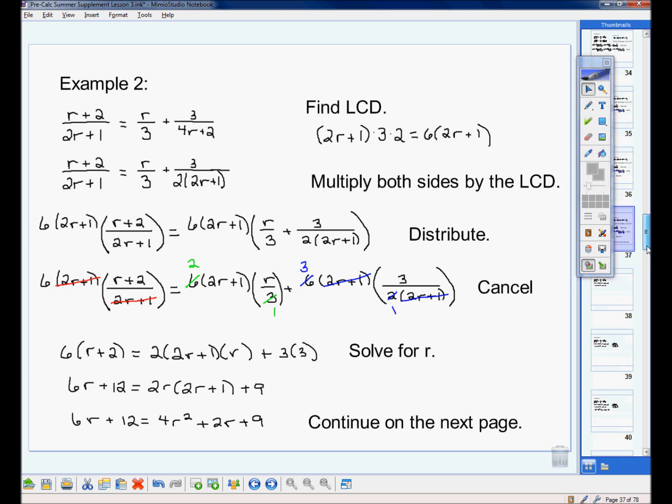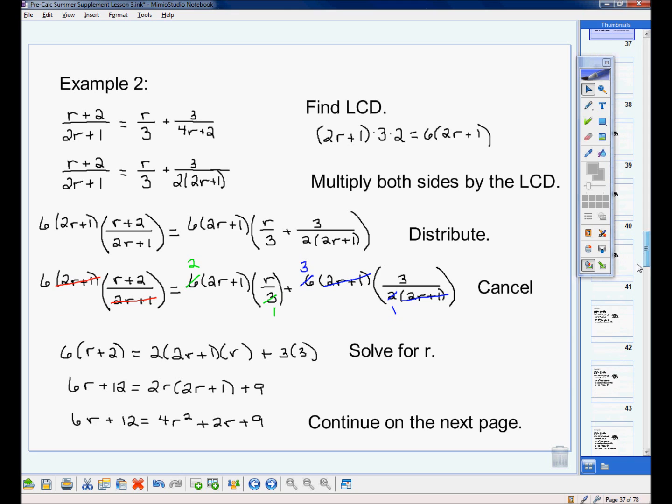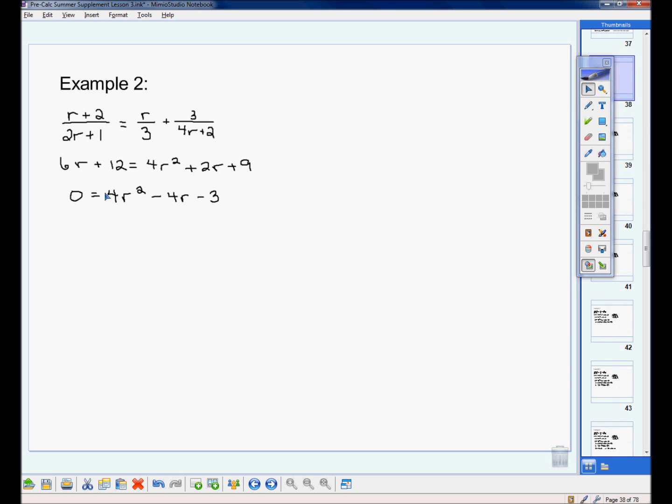We need to go to the next page because this is a long problem. So all I did for the next thing is I slid this one up and gave us a little bit more room. Once again, it comes out to be a quadratic. You subtract 6r from both sides, subtract 12 from both sides, and these are the results that you get when you do that.